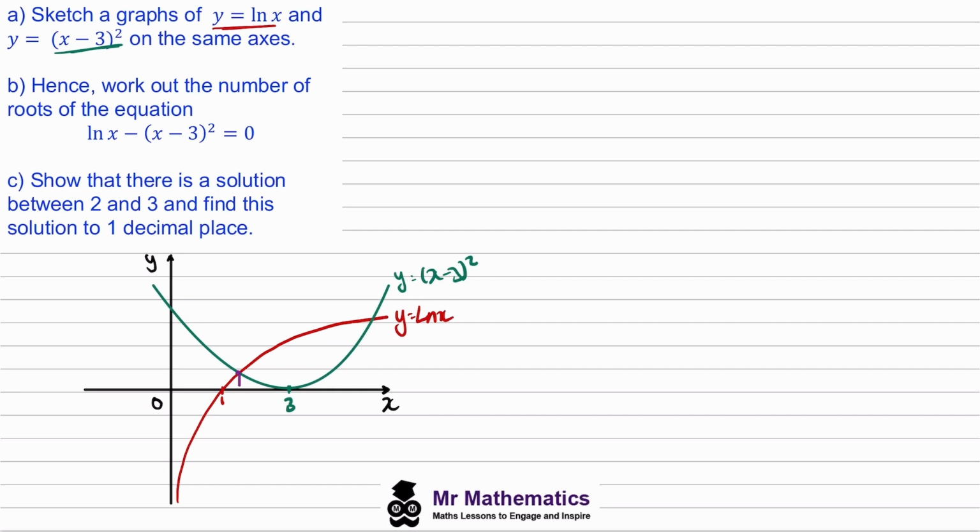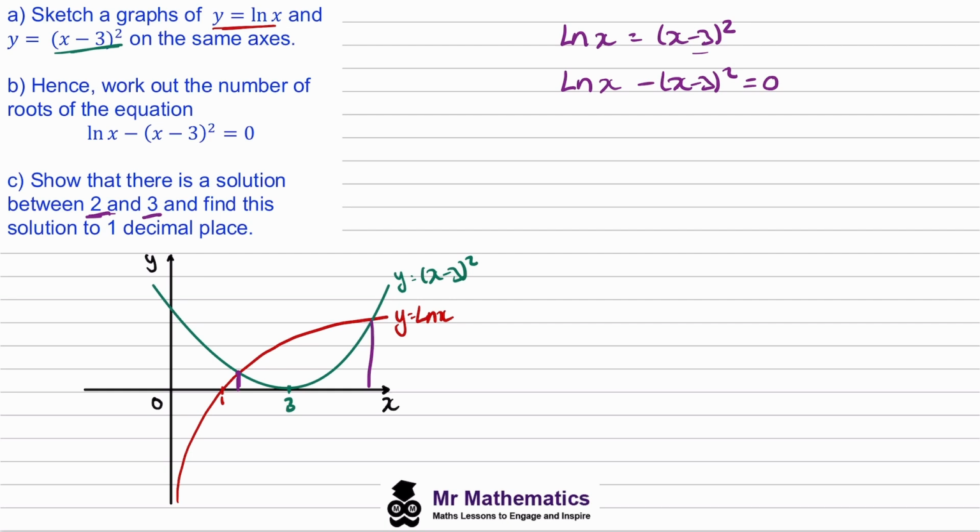So we know at each of these 2 points, the natural log of x will equal x minus 3 squared. If we move this over to the left-hand side, the natural log of x minus x minus 3 squared will equal 0. And we're told there's a solution to this between x equals 2 and x equals 3.